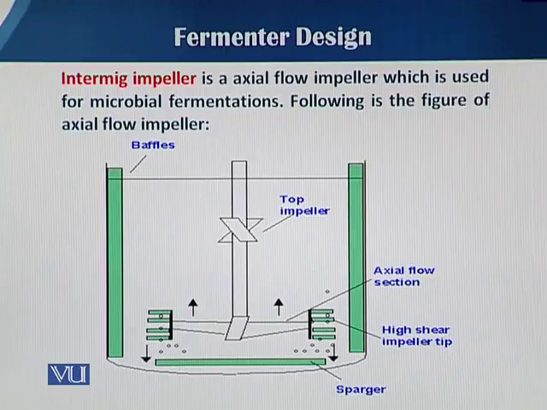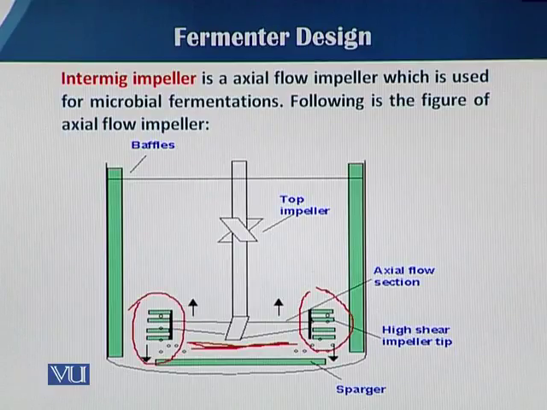The impeller mostly used in such cases is the intermig impeller, which is actually an axial flow impeller. You can see in this picture, at the center of the highlighted red line, it is designed just like the axial flow impellers, but on the edge there is another rotating design.